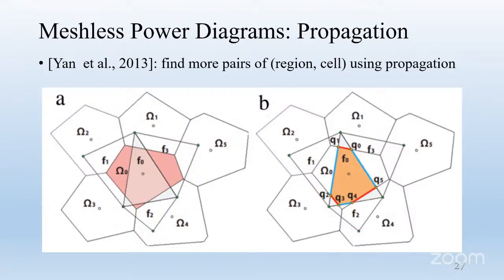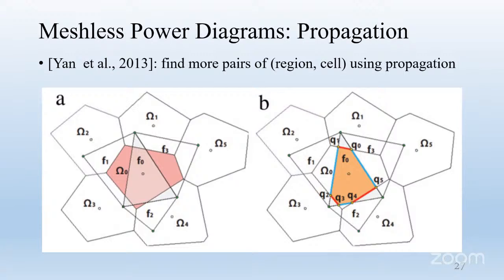The result of the intersection can provide more pairs of region and cell that are intersected. Specifically, we can visit all the edges of the orange polygon. If an edge comes from the original polygon of F0, for example, Q1 to Q2, we know that the cell omega 0 must intersect with the neighboring region of F0.